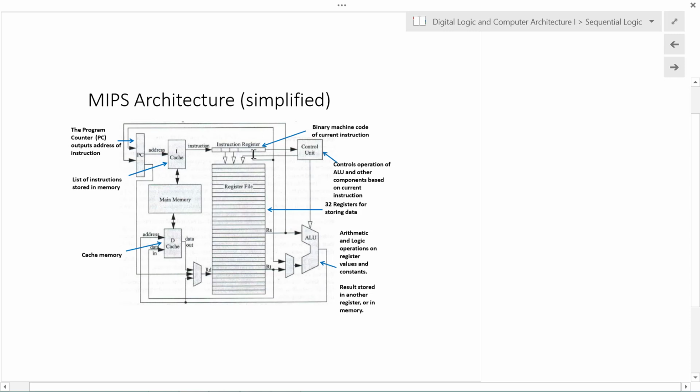The instruction register would store the current instruction to execute, and also the register file here. Depending on the implementation of the CPU, the control unit may or may not have memory elements, and the ALU and these multiplexers, these hardware if-else statements, if you will, are often only combinational logic.